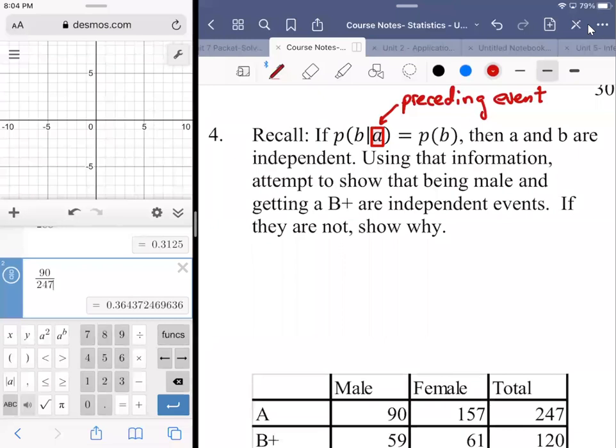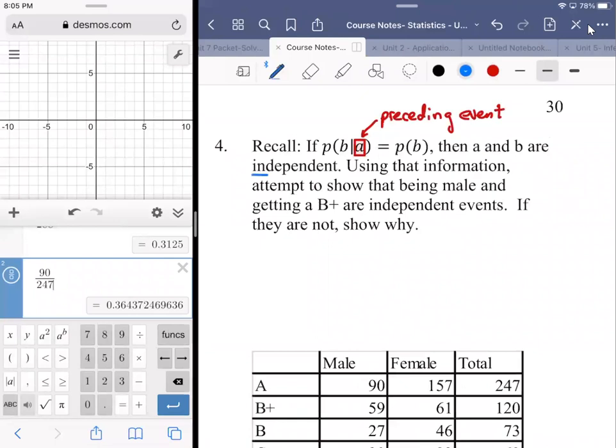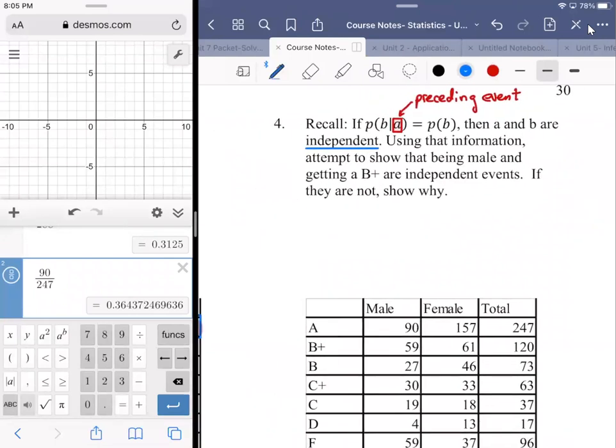All right, the preceding event would then have no bearing on the following event. So these two probabilities would be the same, giving us an independent relationship. What we're looking for is the probability, it's saying use that information to attempt to show that being male and getting a B plus are independent events.